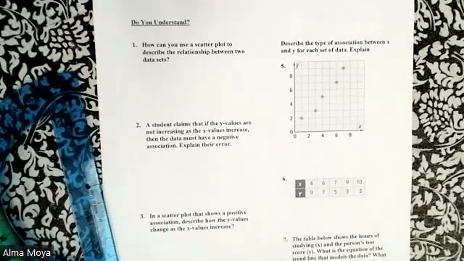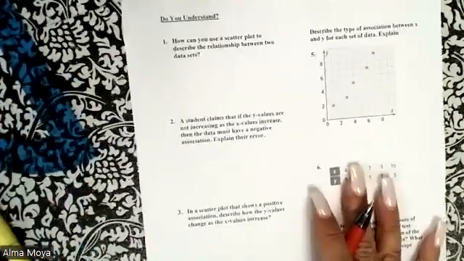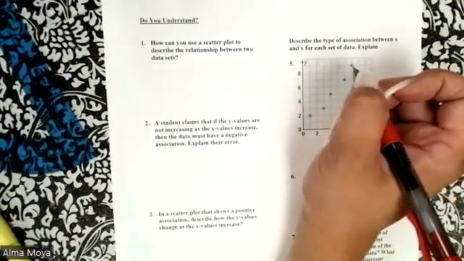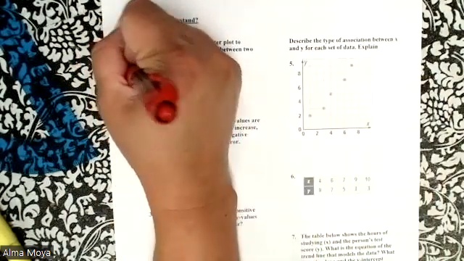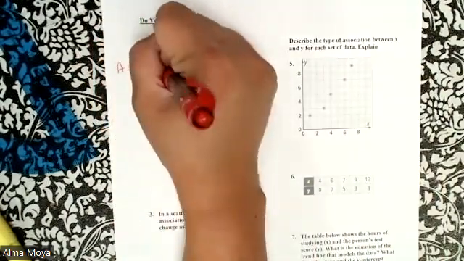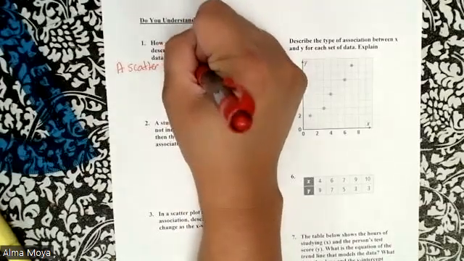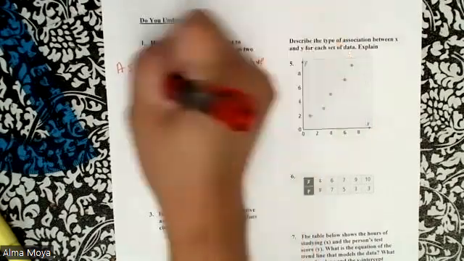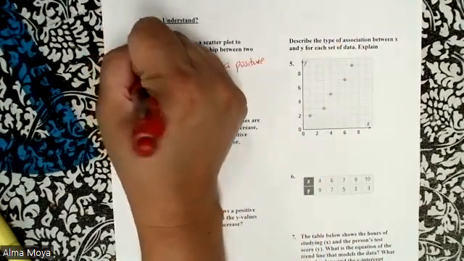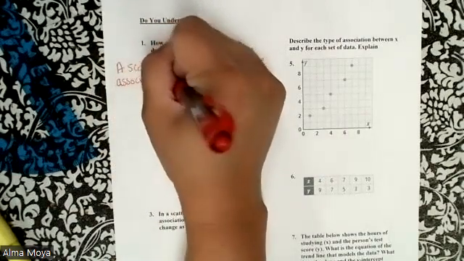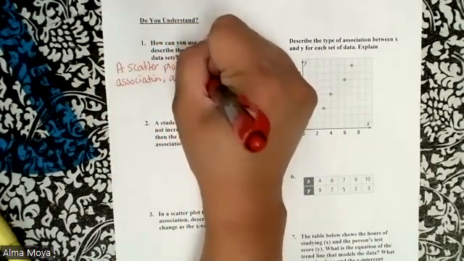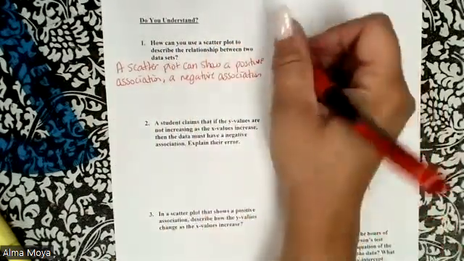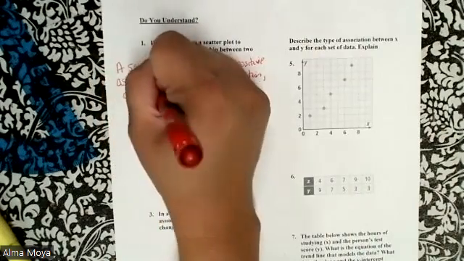Now we're going to go ahead and do some understanding here. It says, how can you use a scatter plot to describe the relation between 2 data sets? A scatter plot can show a positive association, a negative association, or no association.